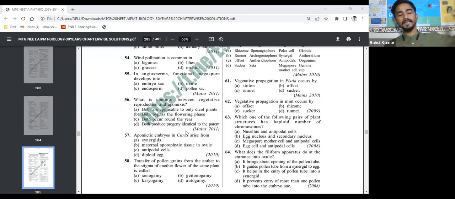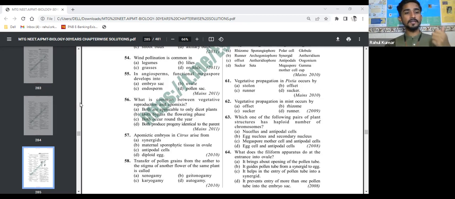I will repeat. Egg cell is haploid. Antipodals are haploid. And polar nuclei are haploid. All 3 are haploid. It's just that there are 2 polar nuclei in one cell. It still does not make the cell diploid, but it makes it multinucleated with 2 haploid nuclei.